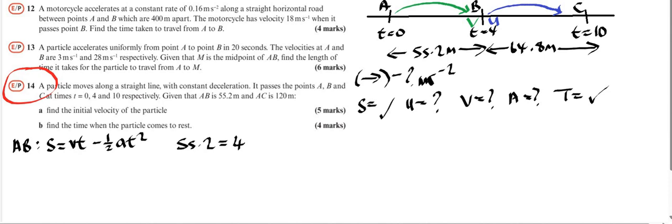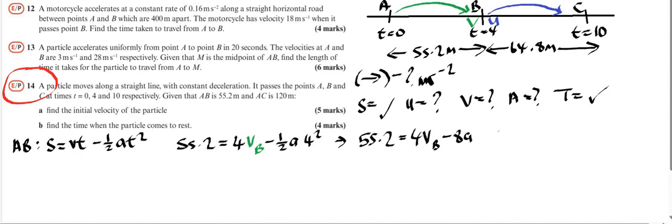I'm going to call my final velocity VB, because it's v at B. Then I take away half a times time squared, which is 4 squared. Tidying that up, 55.2 is equal to 4VB minus 4 squared is 16, half of that, minus 8a.